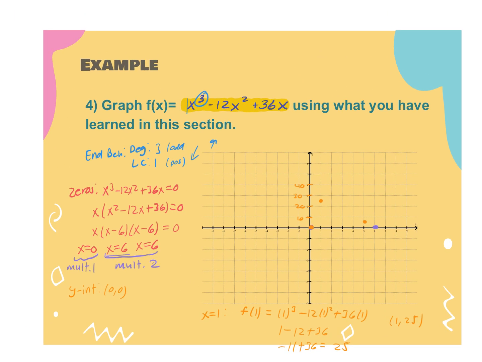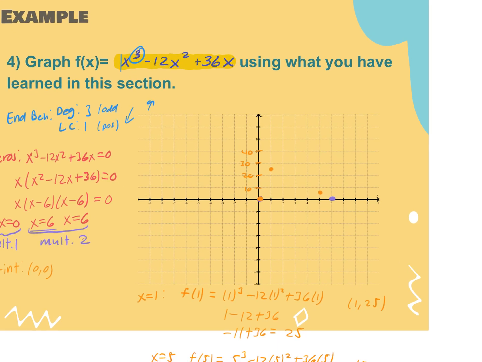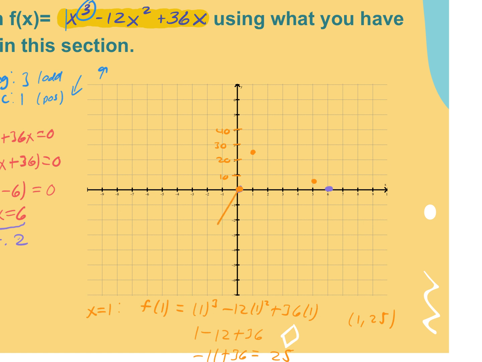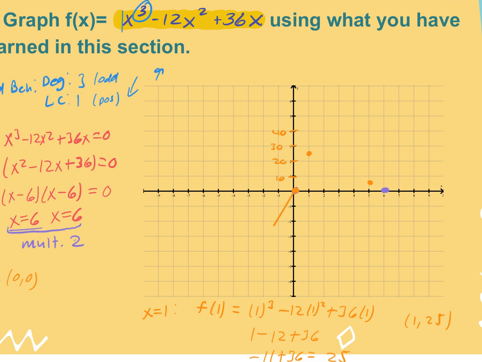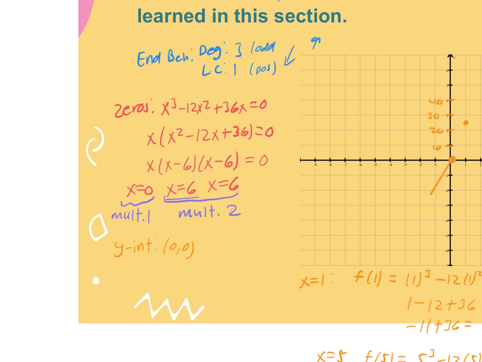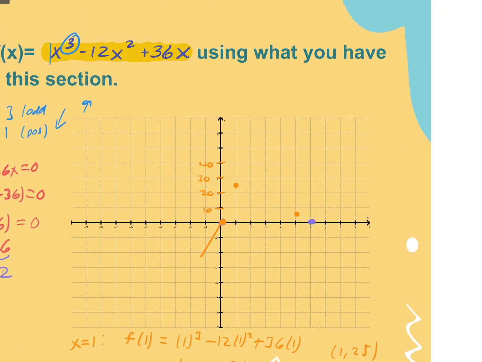So we know that the end behavior is going to go down as you go to the left and up as you go to the right. So we can expect it to go down like that. We know that at 0, we have a multiplicity of 1, so it's going to go down like that. So we're going to cross it and touch this point right here. I don't know what happens later on in the graph.